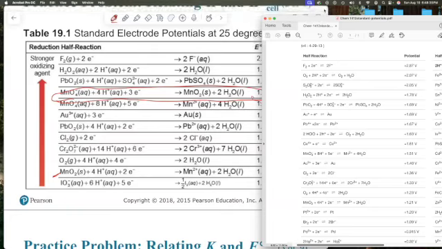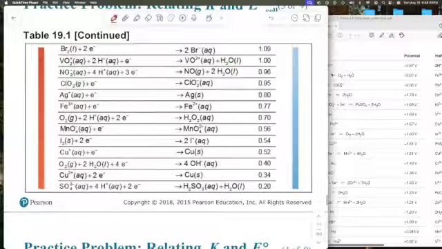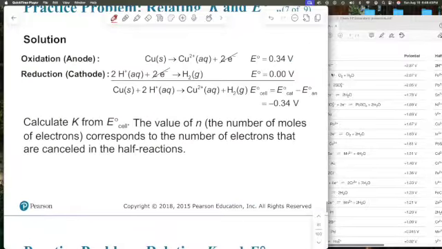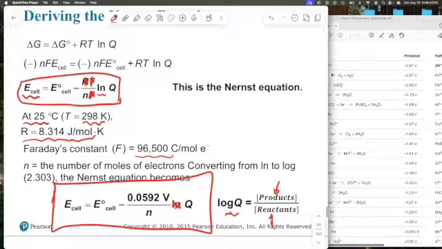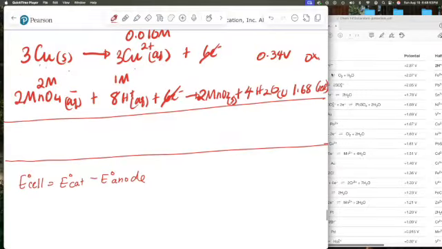Oh, sorry, you guys can't see this. The 1.68, the one that we had before we doubled this. 1.68, that's what we need. So let me scroll this back down. I need the space here. This is 1.68, this is reduction. This is 0.34, oxidation.